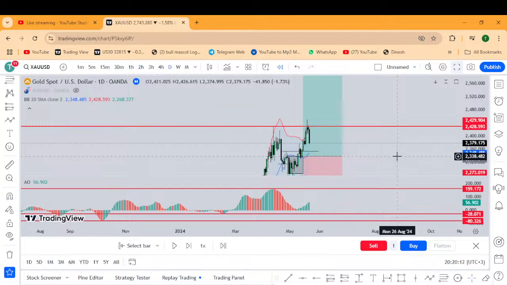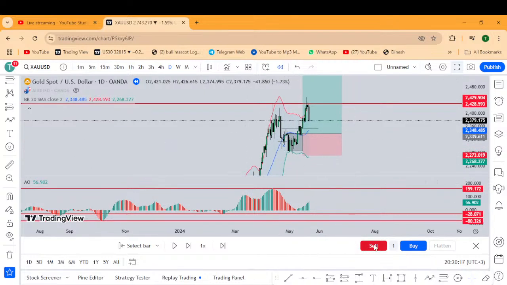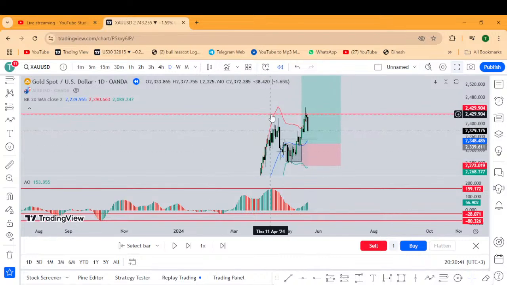Because if you identify your zones like we did here, and you wait patiently until the market gets to that level, and you place your orders and wait patiently until the market gets to your take profit, it's going to pay you back. All the waiting time you wasted is going to be compensated. Now, with this being said, let's continue.